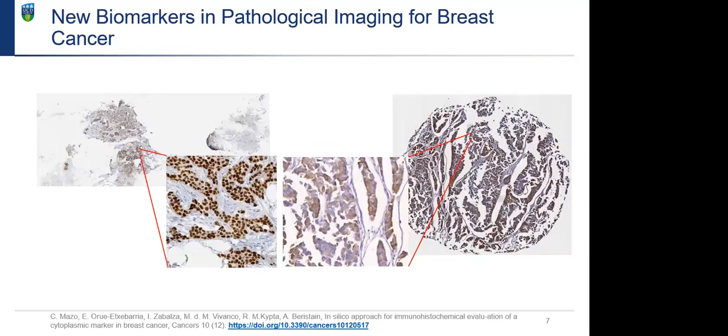And the main aim of this research work was to identify the nuclear and cytoplasmatic biomarkers. As you can see, the first image is stained in the nuclear cells, that is the small balls that you can see in brown.